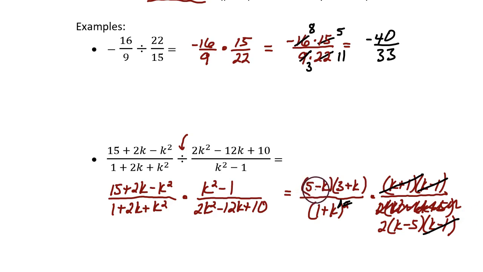There's a 5 minus k factor in the top and a k minus 5 factor in the denominator. Those are opposites of each other, so they will cancel away, leaving negative 1. The final answer has a negative sign in the top, the factor 3 plus k, and in the bottom there is a 2 and a 1 plus k.